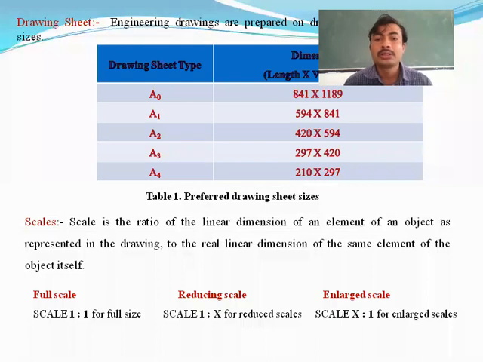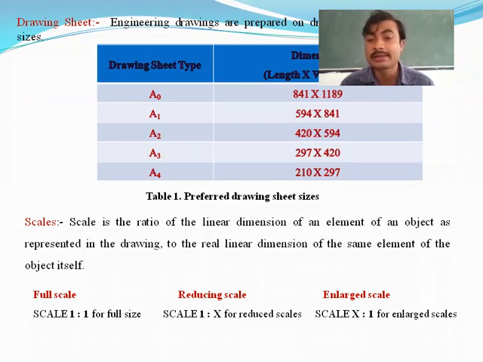Dear students, already I said that if the size of the object is 100 mm, we will draw that to 50 mm. Suppose if it is 1:4, if the object is having 100 mm, okay, we will draw that one on the drawing sheet as 25 mm.